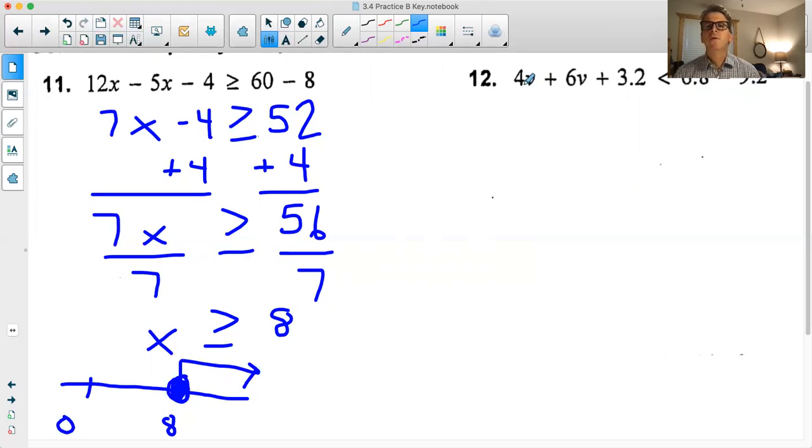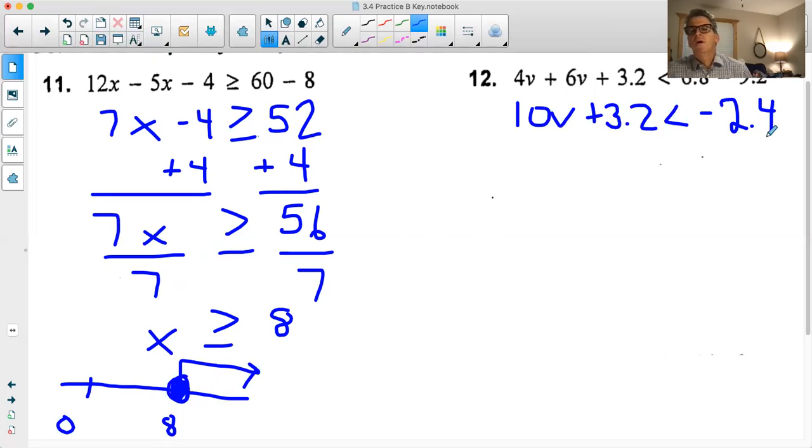Number 14 is 4V and 6V gives you 10V, plus the 3.2, less than 6.8 minus 9.2, and that is negative 2.4. Okay. So 6.8 minus 9.2 is negative 2.4. Okay, so first step would be to subtract the 3.2.